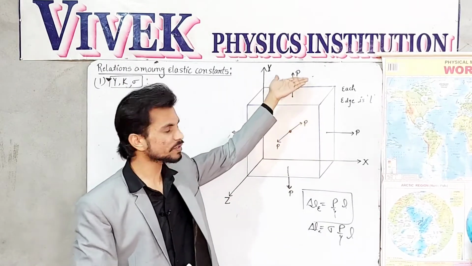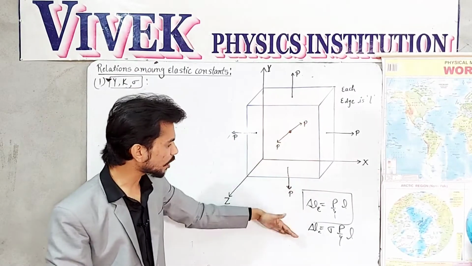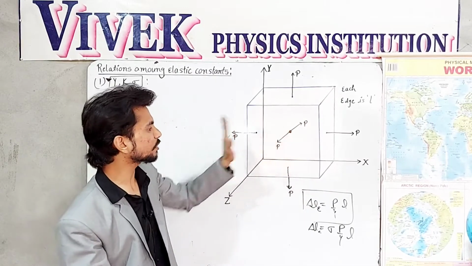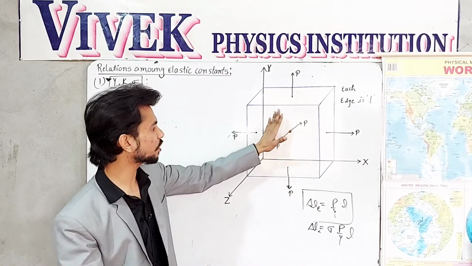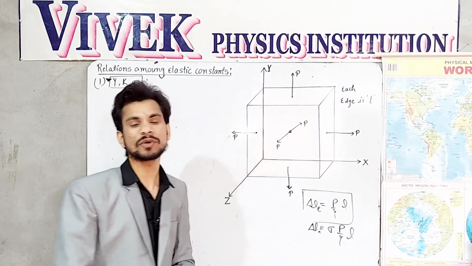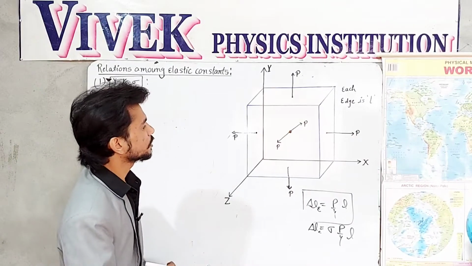The upper face of this cube is undergoing the same normal stress P, the lower bottom face is undergoing the same normal stress, the front face is also undergoing the normal stress P, and the back face is also undergoing the same normal stress P.